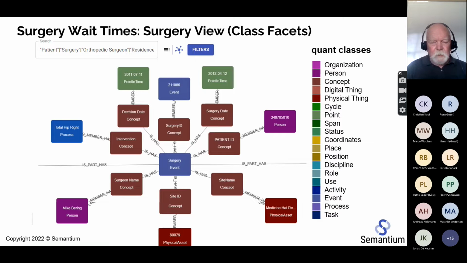You can even filter on properties if you want. If you want to get a list of all of the organizations in your graph, you simply use the star in search and filter on organizations. It'll give you a complete display of all the organizations, and you simply drill into those.